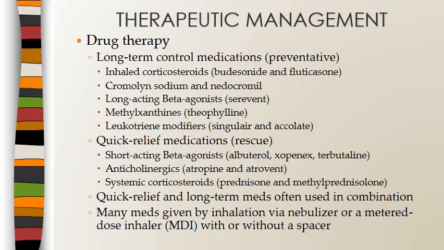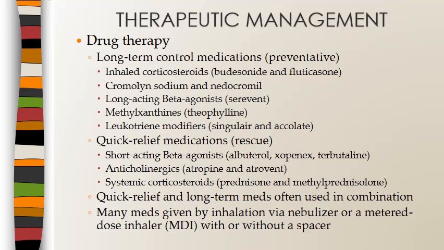So the hallmark of treatment really does revolve around decreasing the inflammation. We can decrease inflammation by using inhaled corticosteroids. The inhaled corticosteroids that we use are beclomethasone and fluticasone. So they are the 2 medications that we use for inhaled steroids to decrease inflammation.